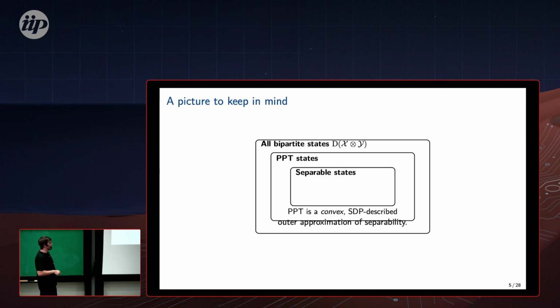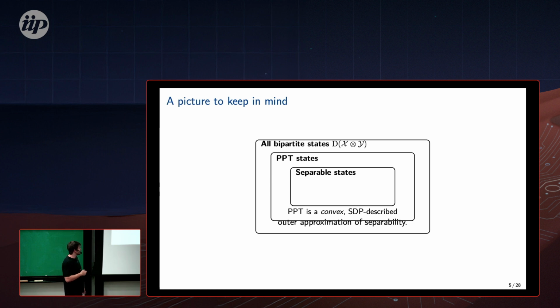And if you want to, let's say, optimize something over the separable states, this is very hard, but then you look at the set of PPT states, which is strictly bigger than the separable states, and hopefully optimizing over this set will not yield a very different answer compared to optimizing over the separable set. So this is somehow the philosophy, and optimizing over this set is actually something you can do with an SDP and in practice.